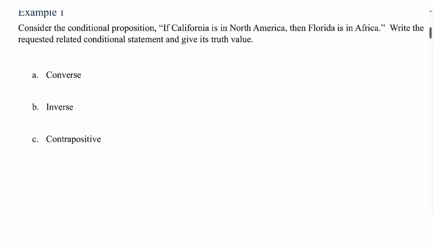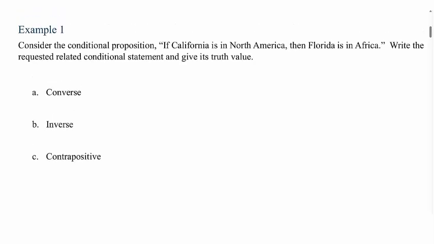So let's practice with this idea. In example 1, consider the conditional proposition, if California is in North America, then Florida is in Africa. First of all, I want to point out that California is in North America. That's true. And Florida is definitely not in Africa. That's false.